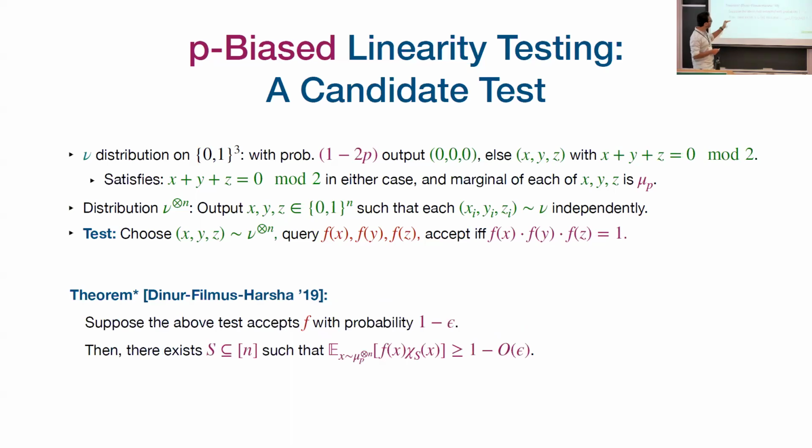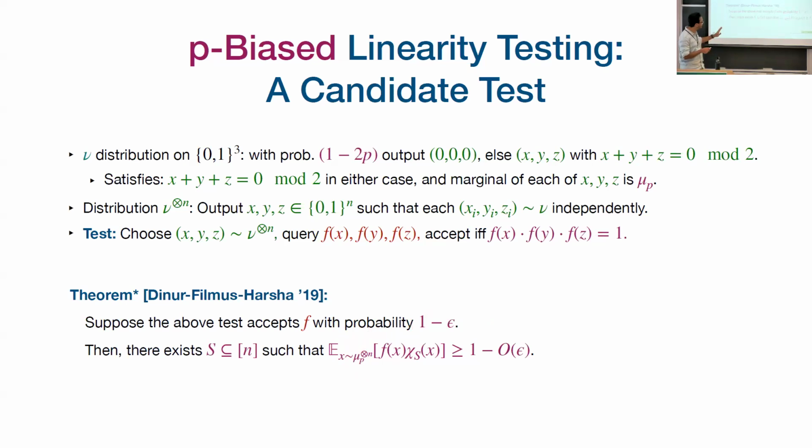So what was proven by Dinur, Filmus, and Harsha is that the test works in the 99% regime. Essentially, suppose the above test accepts with probability 1 minus epsilon. Then there is some set S such that the expectation over x from mu p to the n of f of x times chi of S, which is the correlation between f and a linear function chi S, is something like 1 minus O of epsilon.